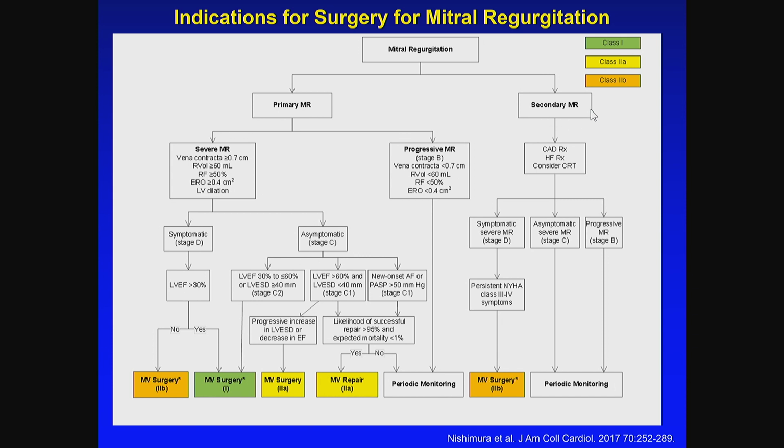Now, for secondary mitral regurgitation, we treat the coronary disease, we treat the systolic heart failure with guideline-directed medical and device therapy. And for those patients who remain symptomatic with persistent symptoms, then we can sometimes consider surgery, even for isolated secondary mitral regurgitation.